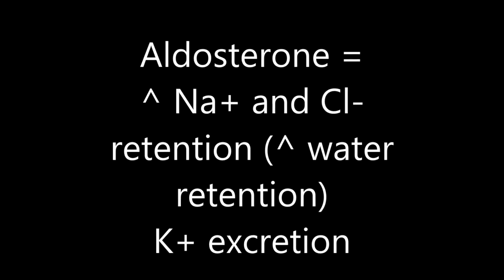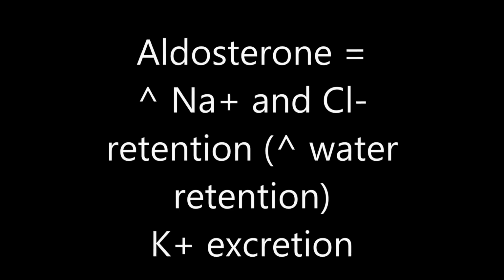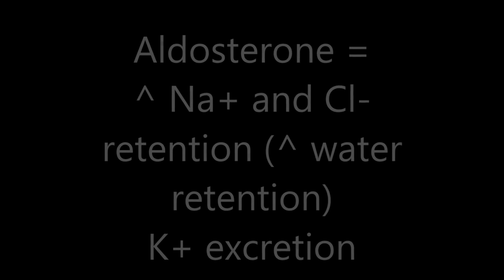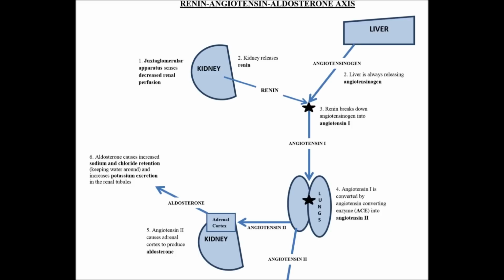Both of those things can lead to increased water retention, and then we also will have more potassium excretion. And so all of these things, again, that deal with our RAA axis or system, all of these things are going to increase sodium, usually decrease potassium a little. They in general will increase vasoconstriction, and all of those things will combine to help to increase blood pressure, whether we want that or not.